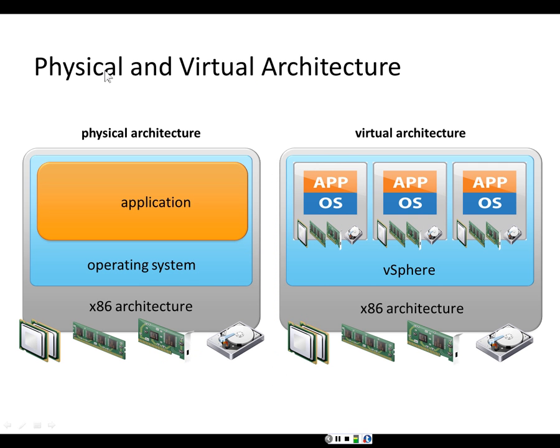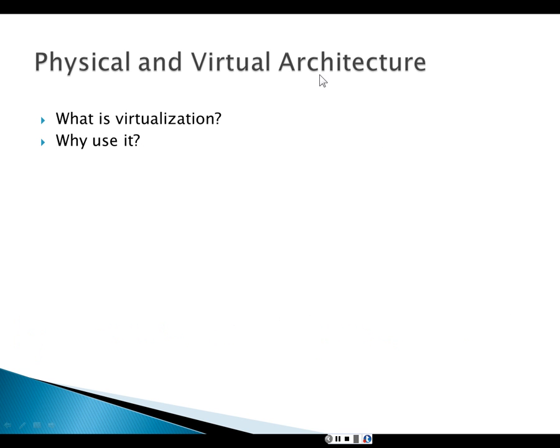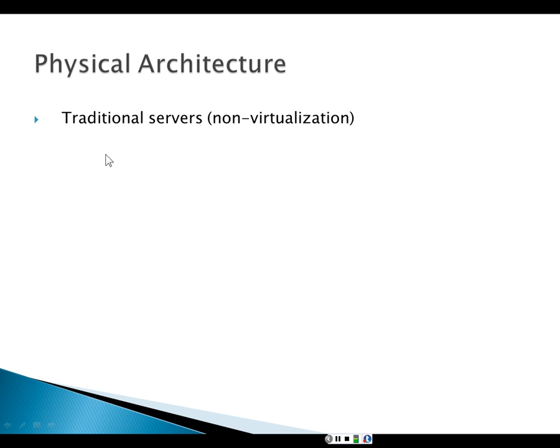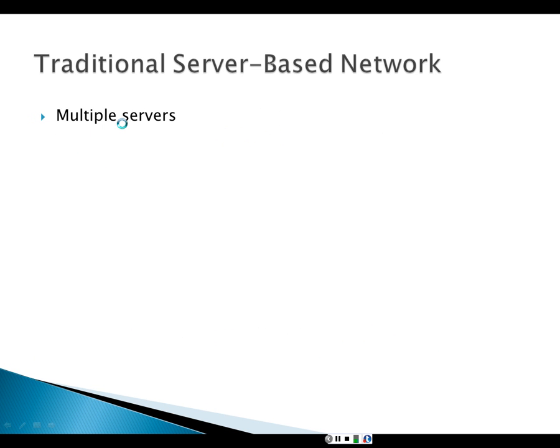Now let's discuss physical and virtual architecture. In this section, we will discuss what is virtualization and why use it. But before we discuss virtualization, let's discuss non-virtualization. Let's discuss the traditional physical architecture whereby we have physical servers.